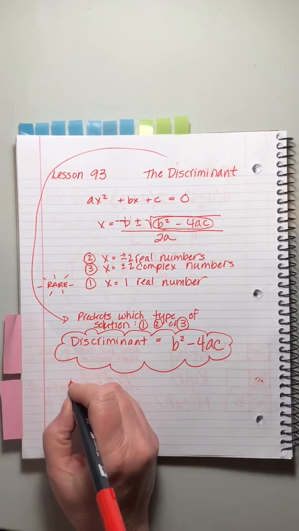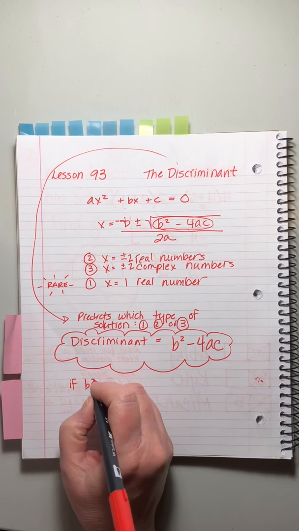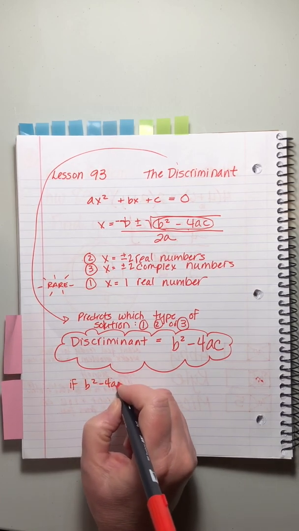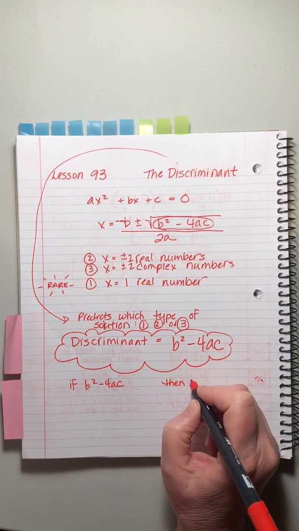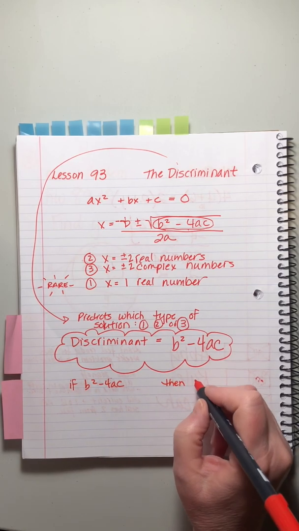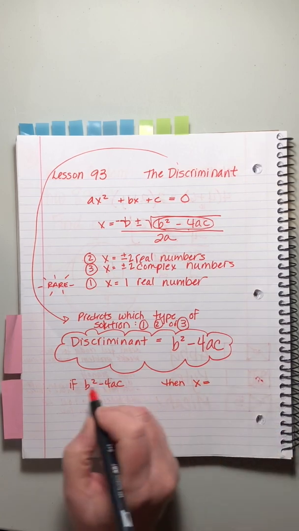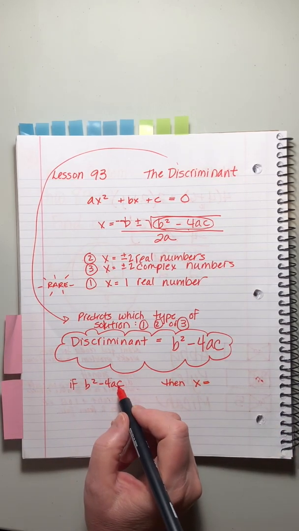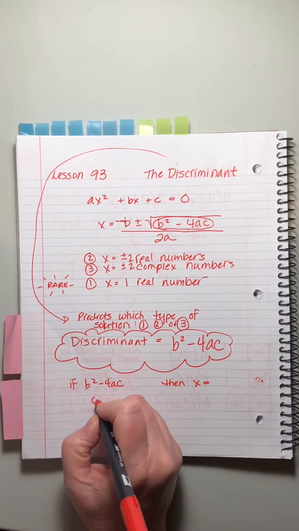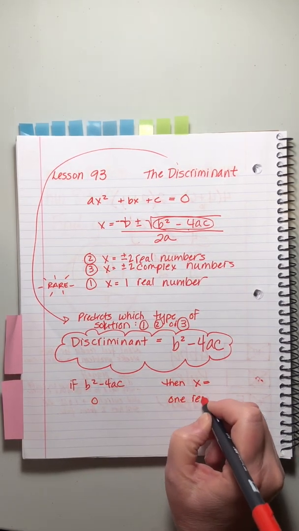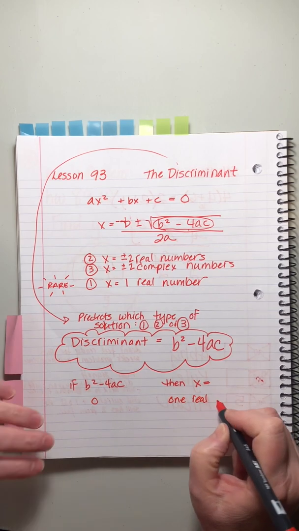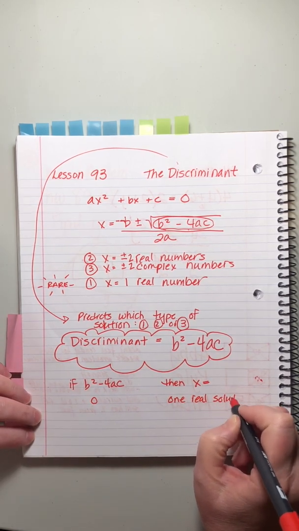Now, here's the thing. If b squared minus 4ac equals 0, then x equals 1 real solution. And that, I mean real number.